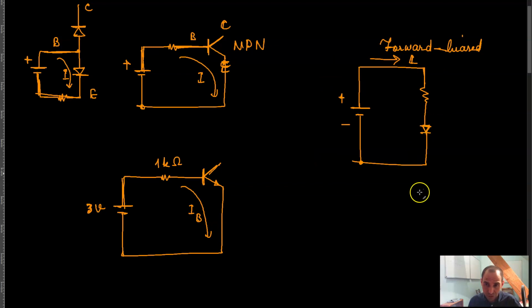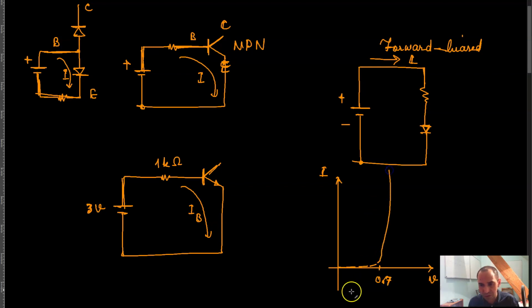Now we said that the graph of current versus voltage of this forward bias diode is essentially something like this, meaning that if this is voltage and this is current, then the current is going to rise only if the voltage is greater than or equal to 0.7 volts.